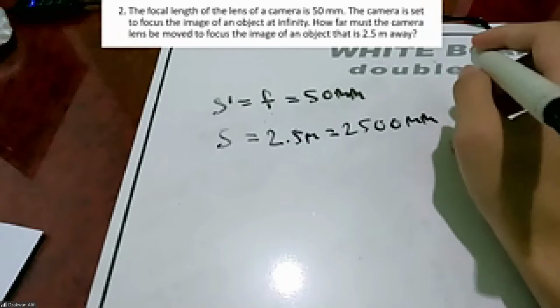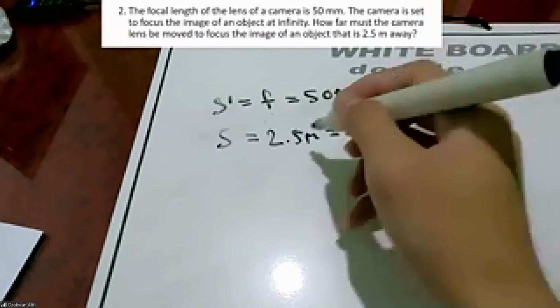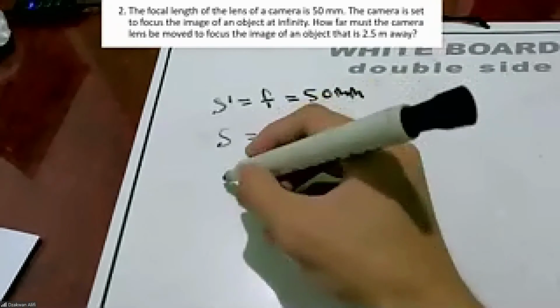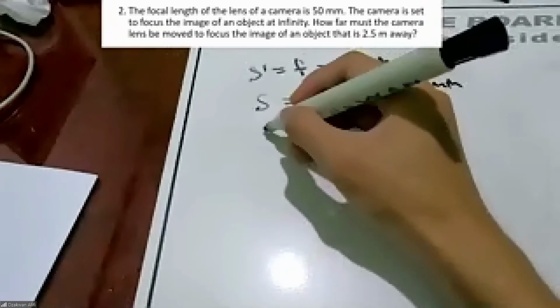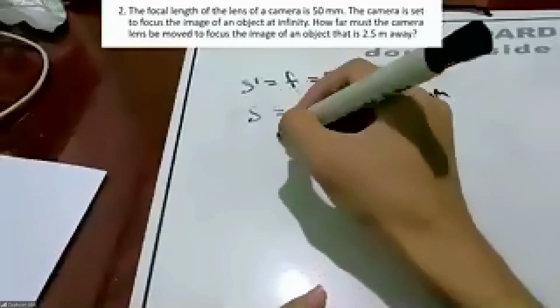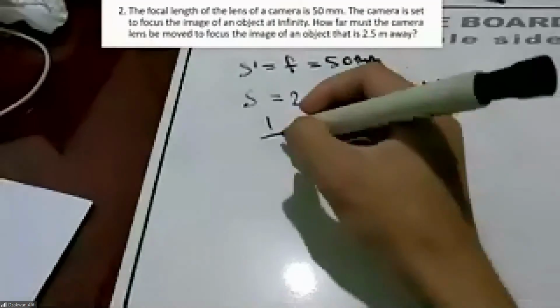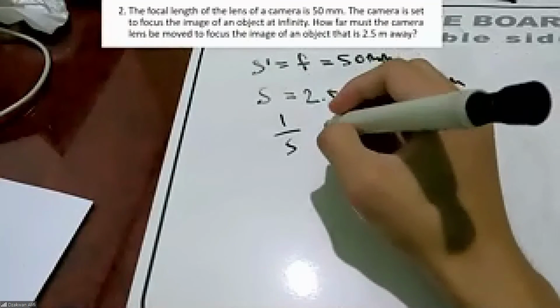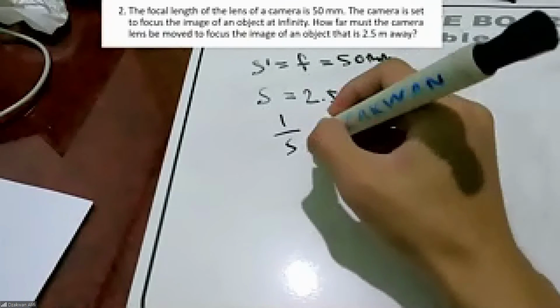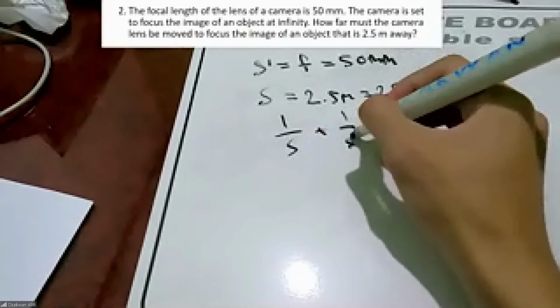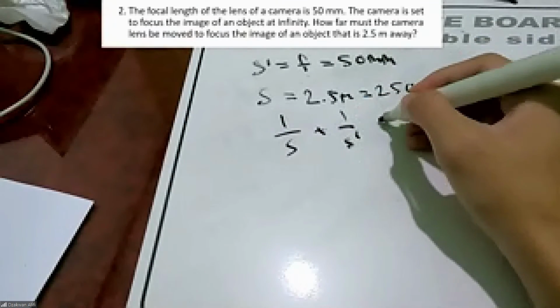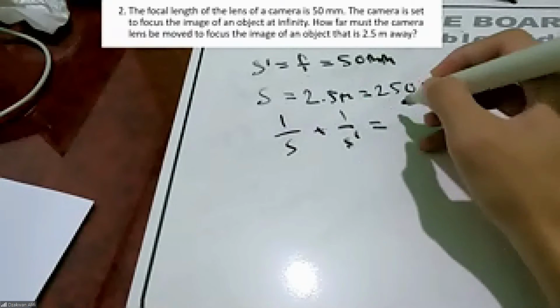Okay, this follows the expression 1 per s plus 1 per s accent equals 1 per f.